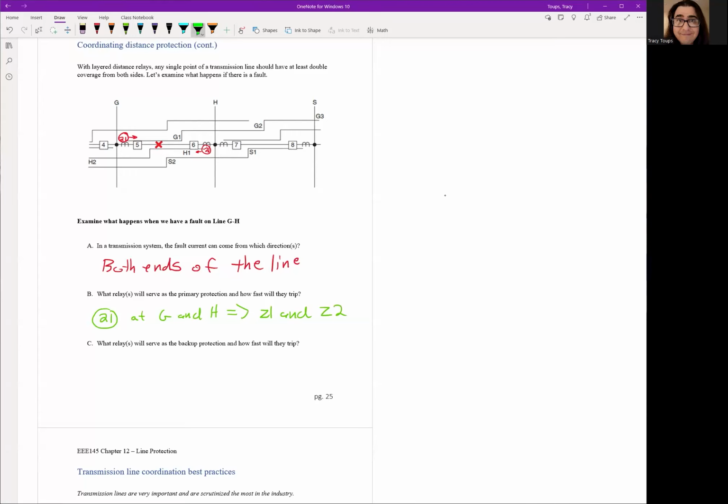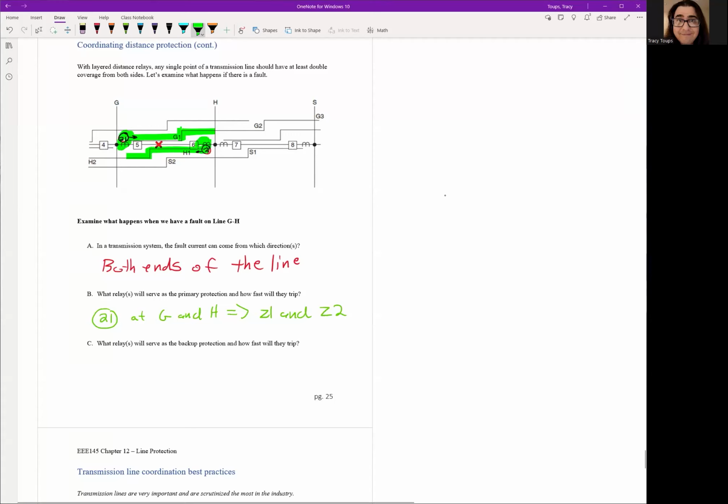So here we have our 21 relay at G. This is our zone of protection right here, both zone 1 and zone 2. Okay. And that should cover 100% of the line. Okay, so this is our primary zone of protection right here by these relays.